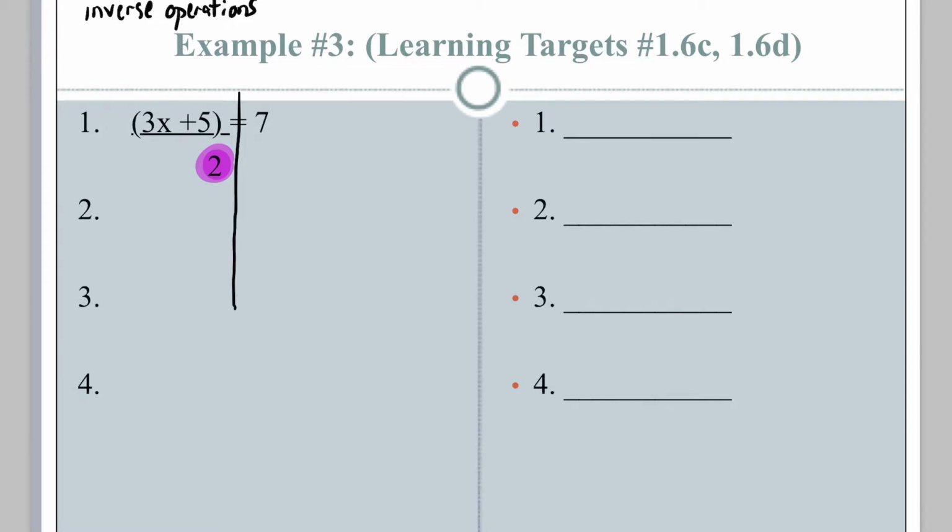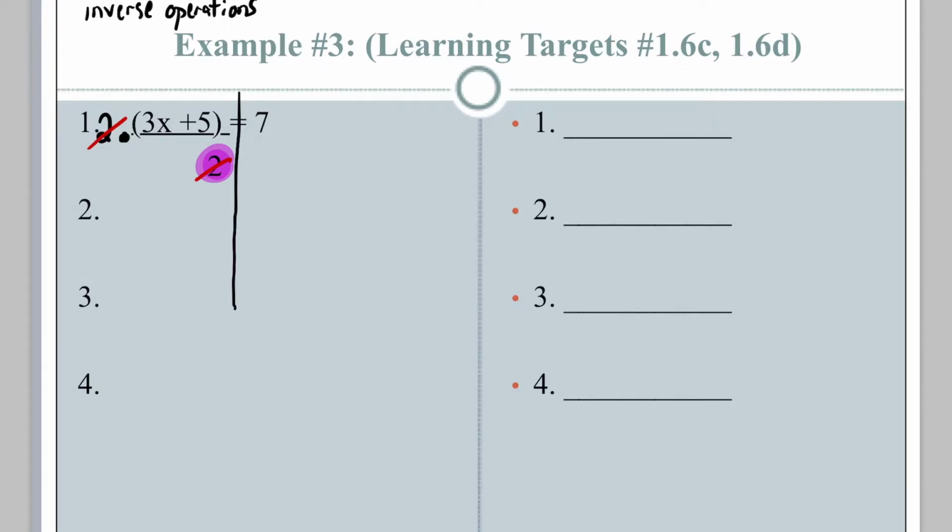So to get rid of the 2 being divided, I need to multiply by 2 on that side of the equation. And what happens is that the 2 being divided by the 2 will cancel each other out, because 2 divided by 2 is 1.